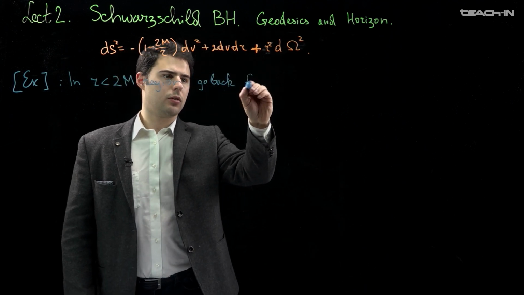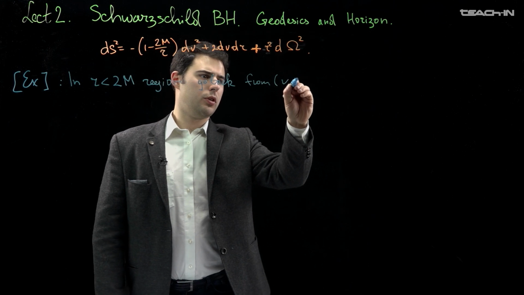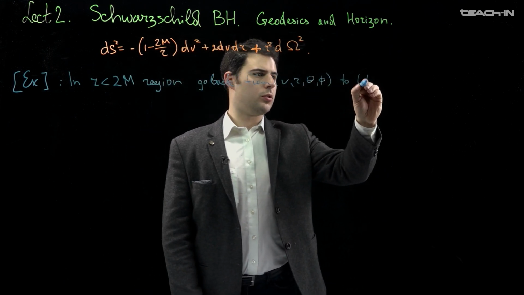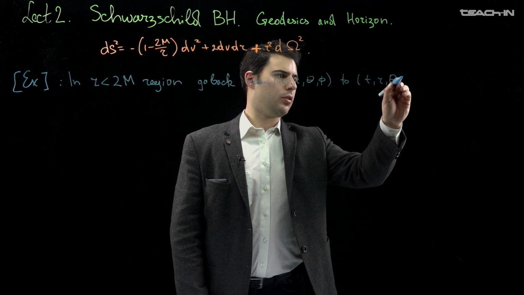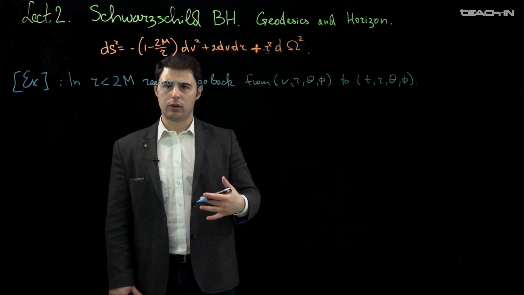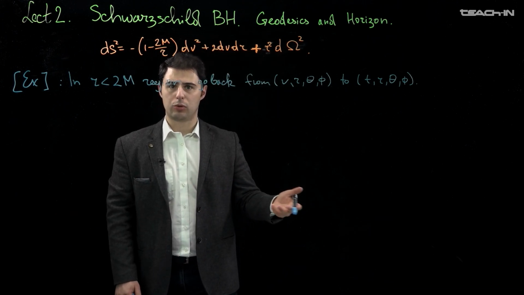Go back from v, r, theta, phi to t, r, theta, phi. Check that we recovered the Schwarzschild geometry.